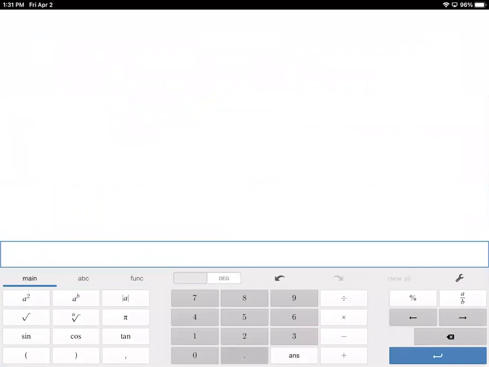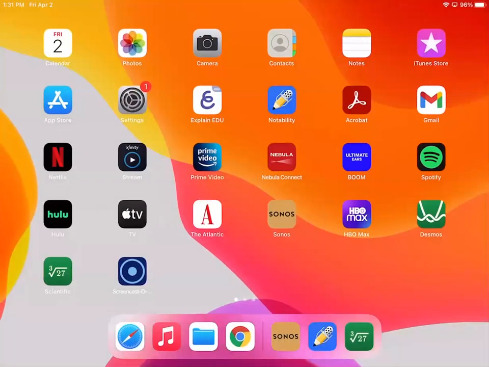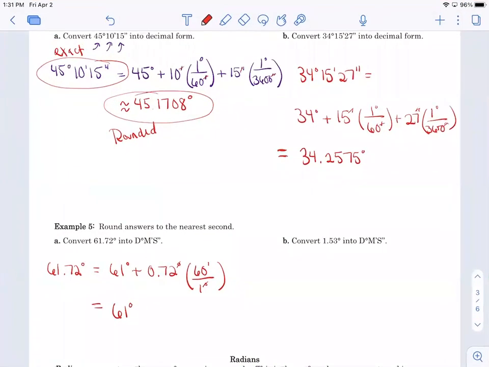I'm going to go to my calculator. Clear. 0.72 times 60, and I get 43.2. So I get plus 43.2, but we're left with minutes. Again, I don't want a decimal of a minute. I want to convert that to seconds.